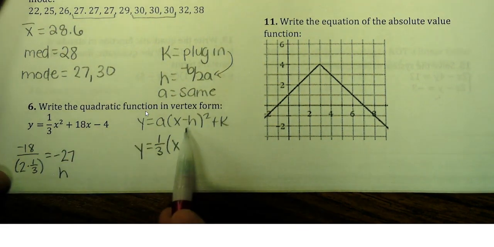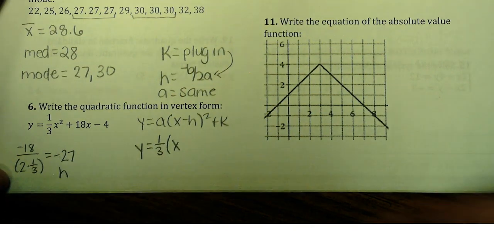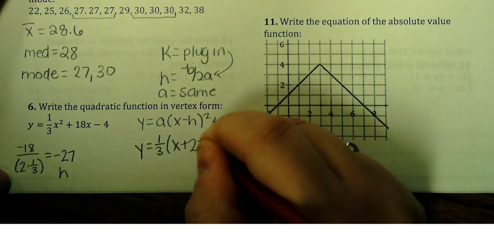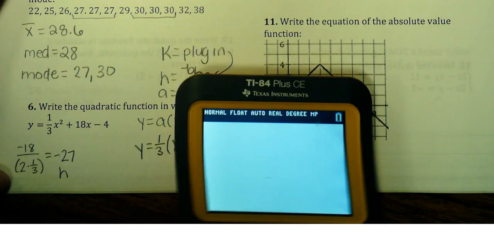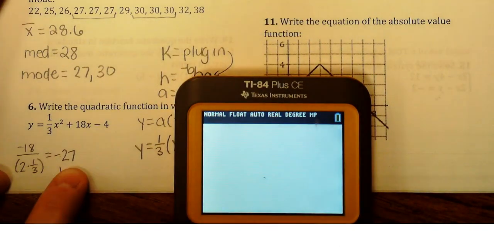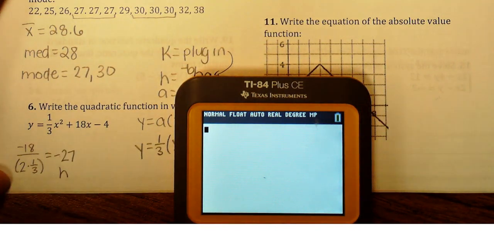Now, in the format here, this is minus h, so since this ended up being a negative value, I'm going to write plus 27. Okay, and then the only other thing we need to find is k. So this is the x-coordinate of the vertex. If I want the y-coordinate, we just plug it in. So I'm going to do 1/3 times negative 27 squared.